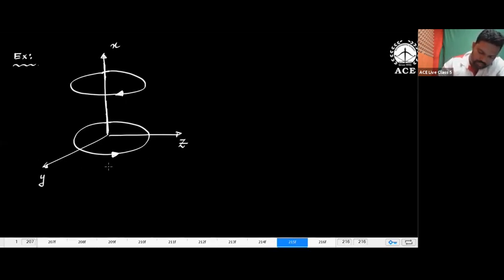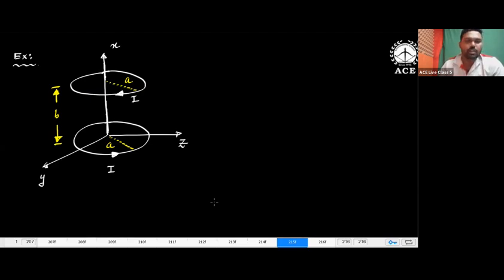How much is the current flowing here? I amperes. Here, how much is the current flowing? I amperes. This is having a radius A. This is having a radius A. And the distance from here to here is B. Clear, beta?